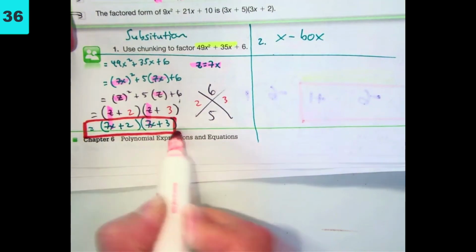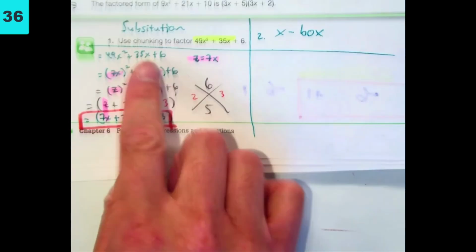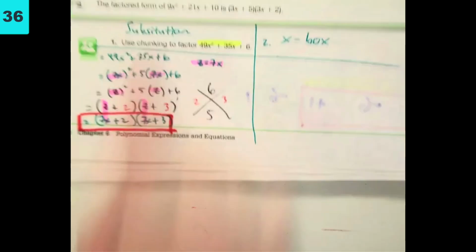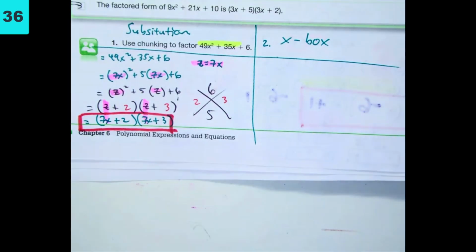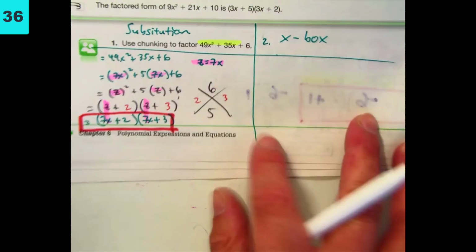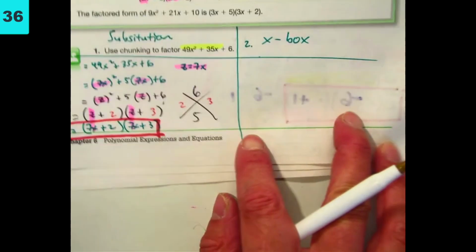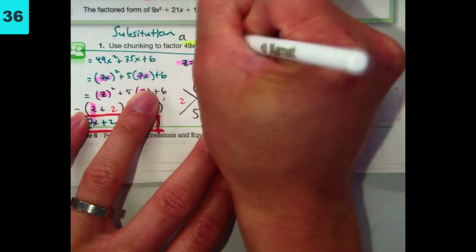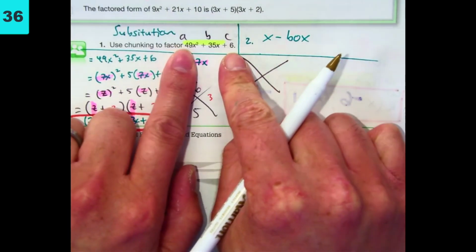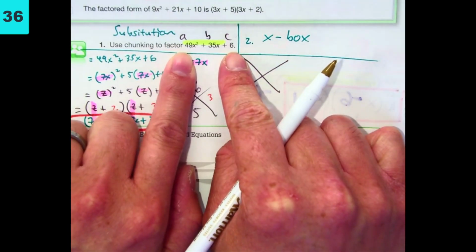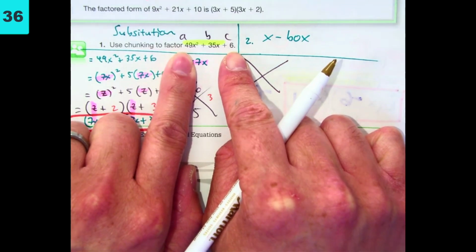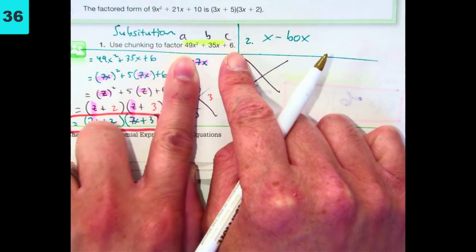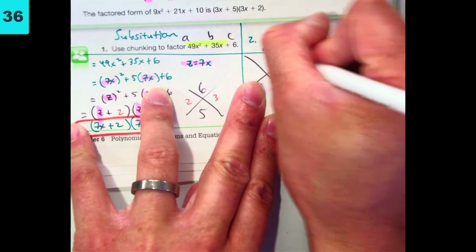So I showed you guys factoring by using chunking or substitution, and now I'm going to show you guys how to factor the same problem using the Xbox method. In the Xbox method, I'm going to use A, B, and C. So if you have your calculators out, A times C, 49 times 6, will give us 294.